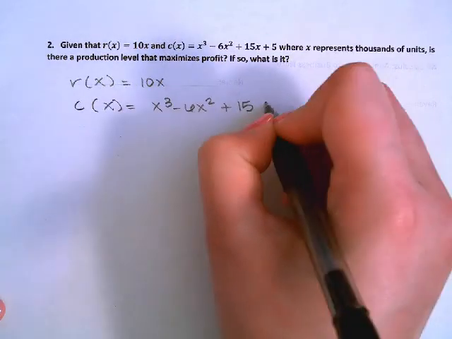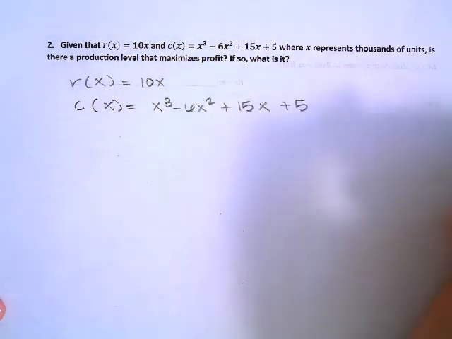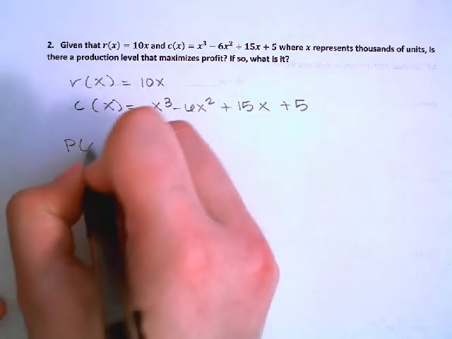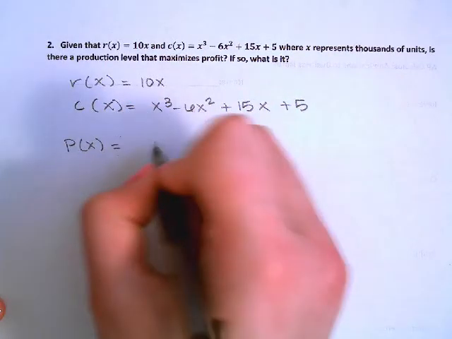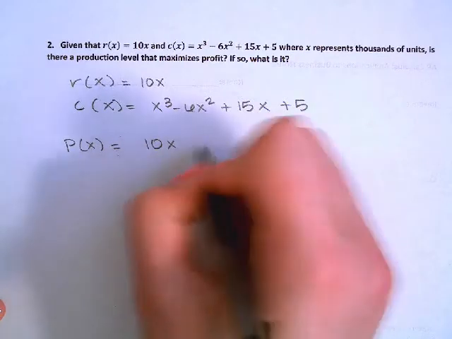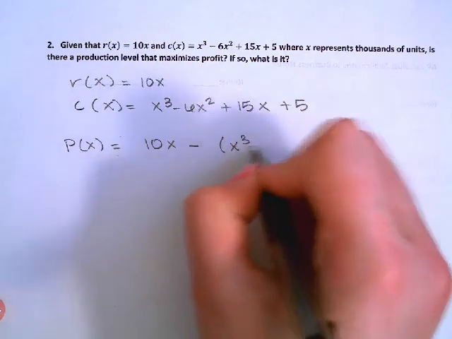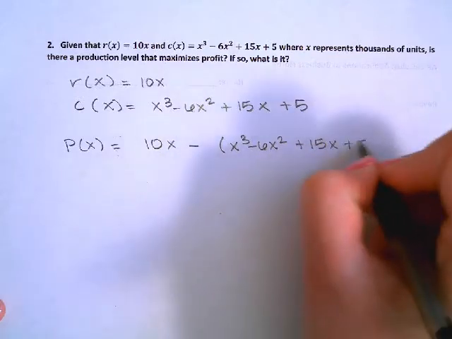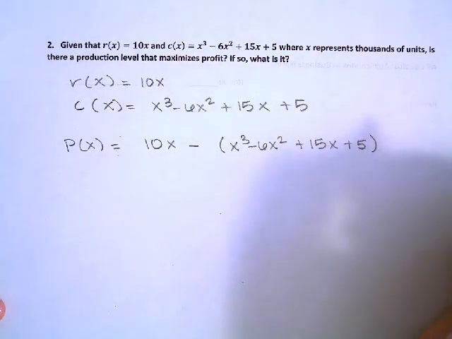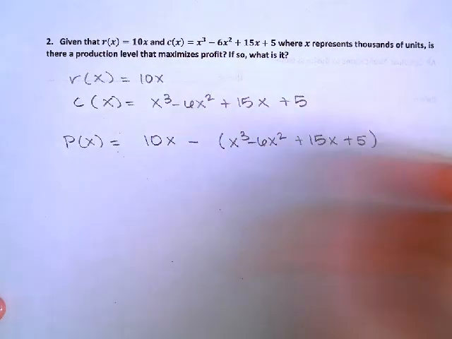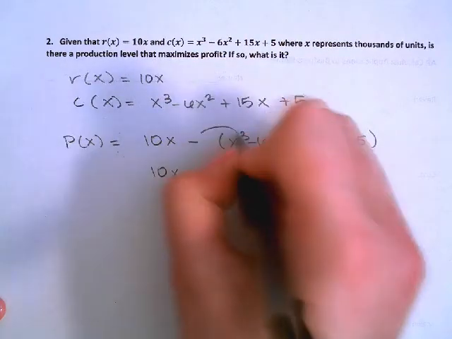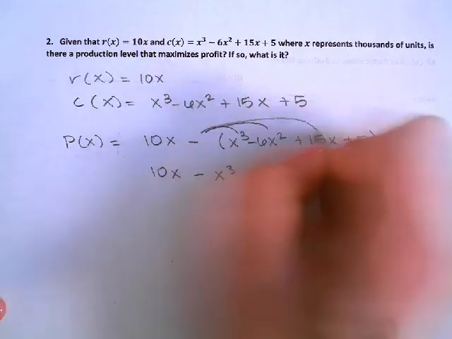I'm going to do this one a little bit differently just so you have multiple examples in your notes. So I'm going to go ahead and say that P of x this time is R of x minus C of x. We could do it exactly the same as we did the last problem. I just want to show another way of doing the same type of math, so you can see the steps a little bit differently, if that's how you would have preferred to see it, or if it makes more sense.